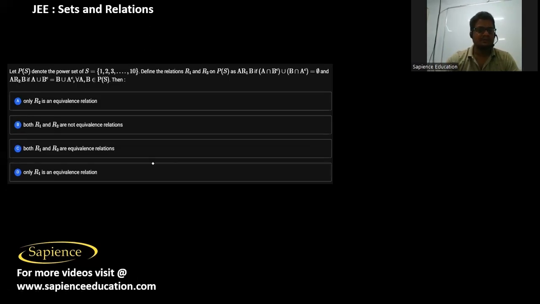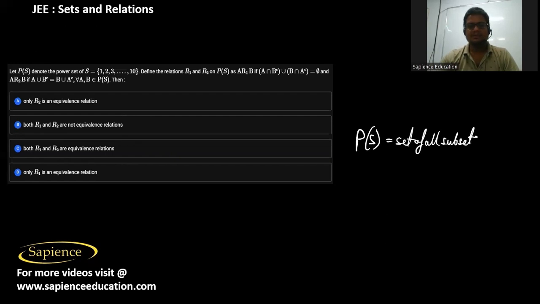Then it is told: P of S denotes the power set of S. P of S means it is the set of all subsets of the set S, where S is given as 1, 2, 3 till 10.